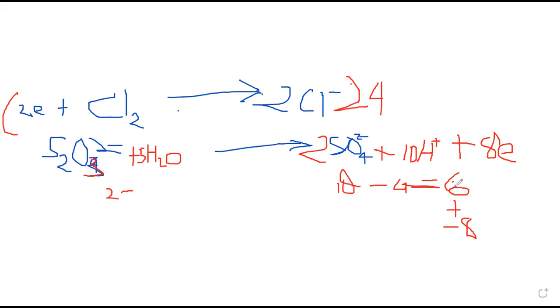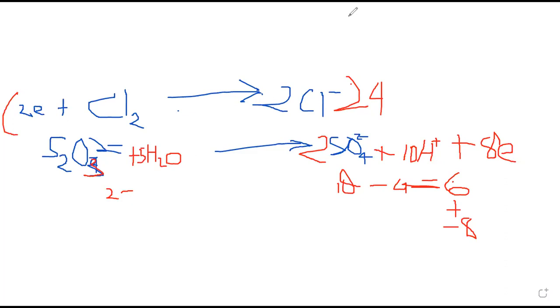Now we are looking at the charges. The charge here is 6, yet this is -2, right? It is very hard for us to make the -2 become 6.